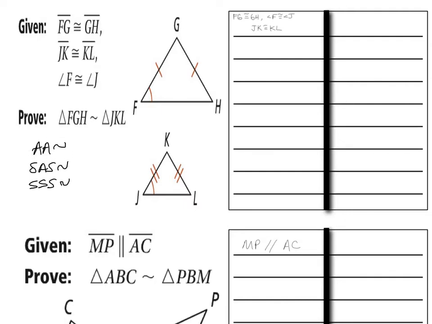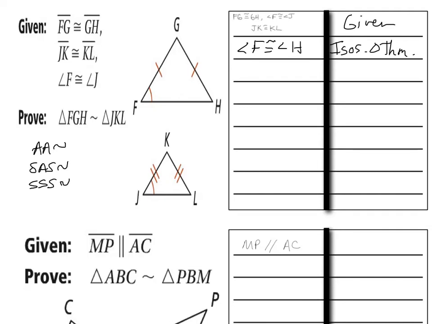Okay, so as you look at the first triangle, the top one up here, you notice this is an isosceles triangle. So if the sides are congruent, well, then the base angles are congruent. So I can say in step one that angle F is congruent to angle H, and this is by the isosceles triangle theorem.